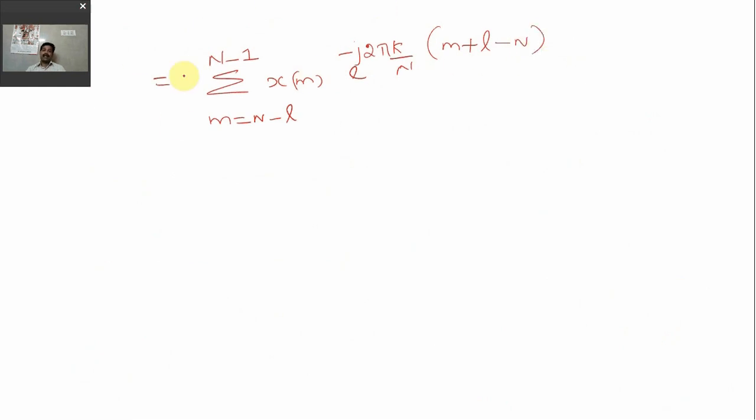So this is what you are getting for the first part. Now what I am doing is m is equal to n minus L to n minus 1. So I am splitting e to the power a plus b is equal to e to the power a into e to the power b.